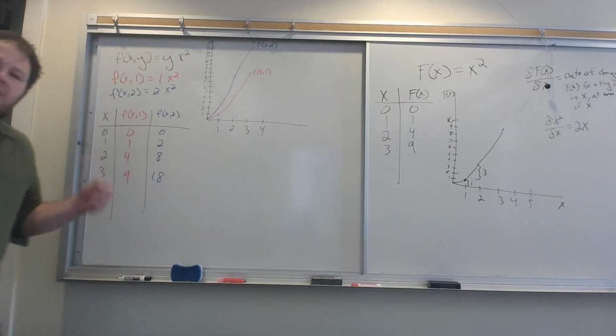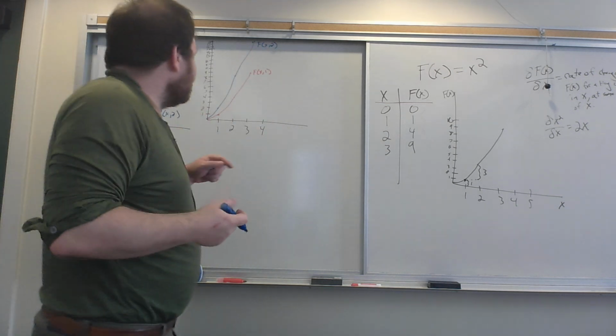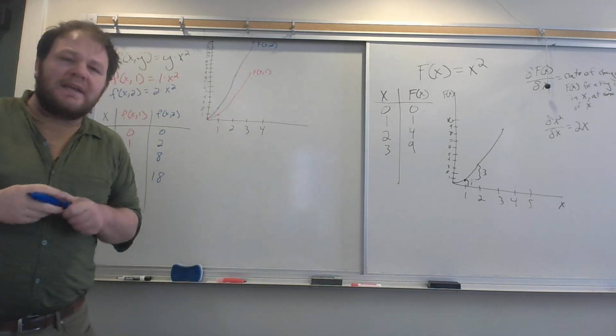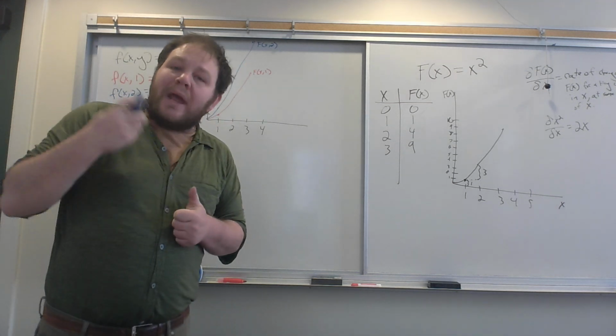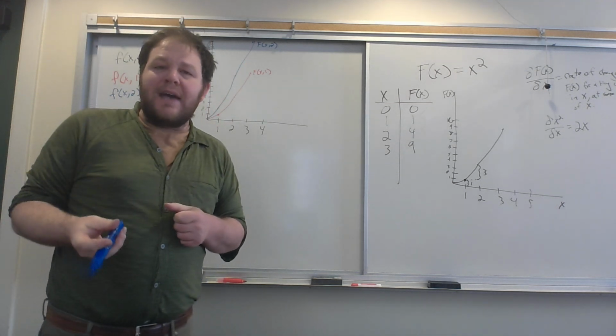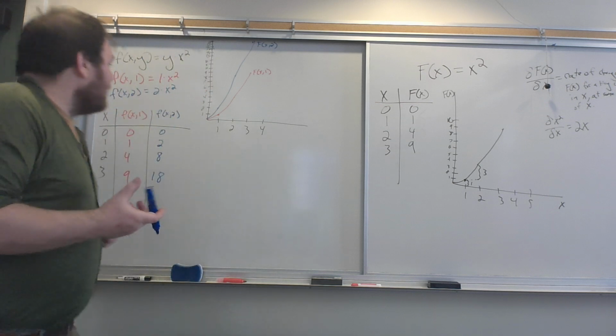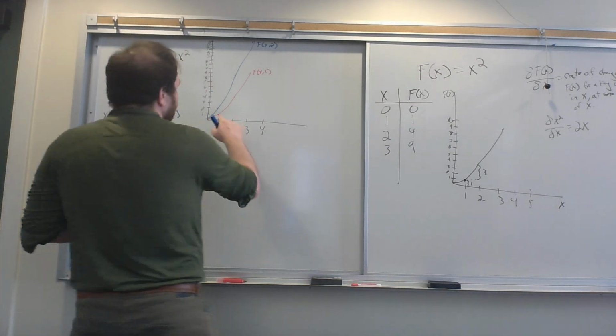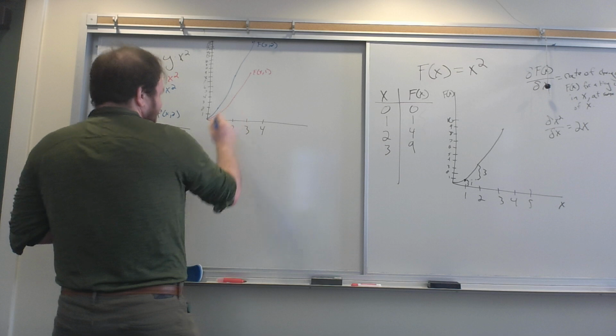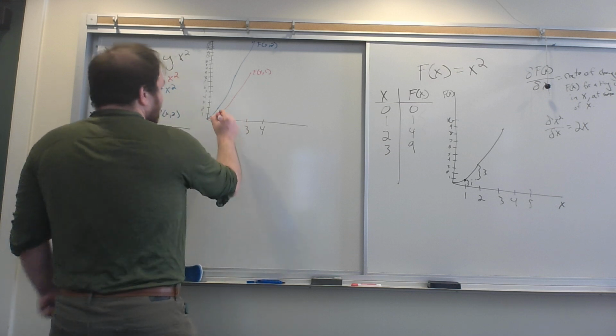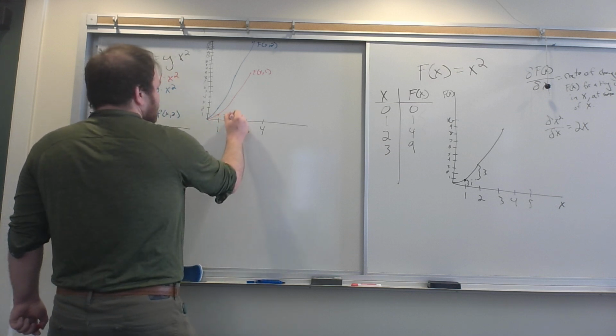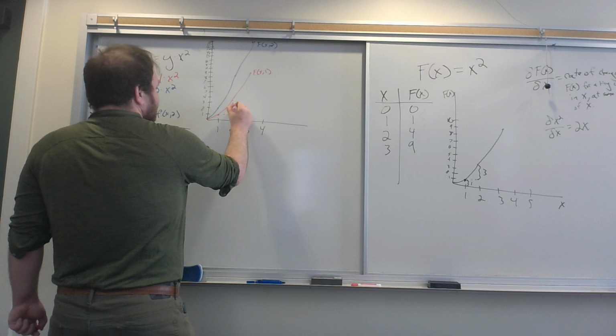So the reason that I'm doing this, and the reason that I wanted to show you this, is that if we look at these two graphs, it's clear that the rate of change in the value of f of x depends on y. If we think about the change from x equals 1 to x equals 2, when y has a value of 1, the change is going to be plus 3.